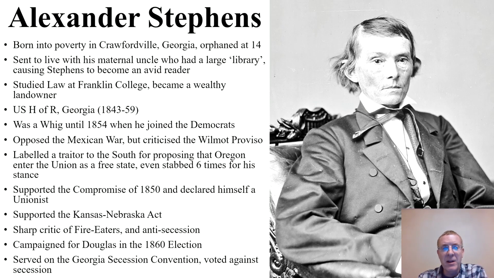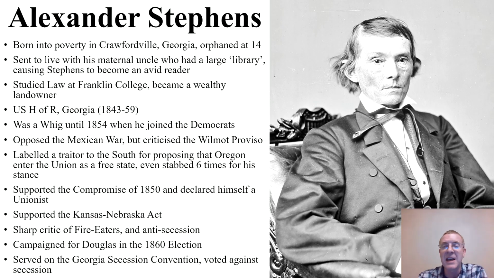And I want to point out the fact that Stephens opposed the Mexican War, in spite of the fact that should the United States go to war with Mexico, they could, if they win, acquire a lot of land from that country. And that land would, for the most part, be south of the old Missouri Compromise line. Therefore, that new territory could be cut up and enter the Union as new slave states.